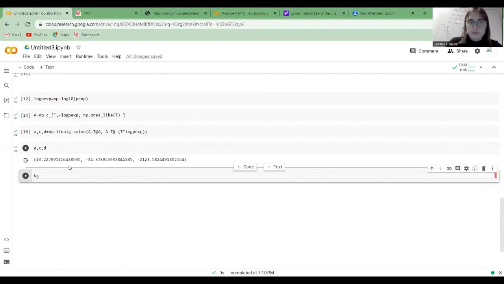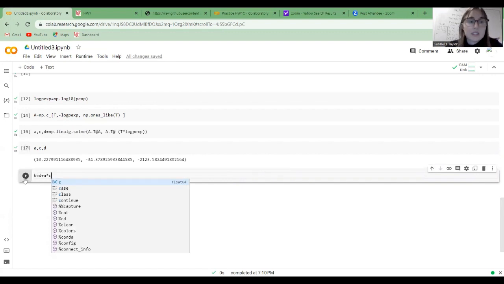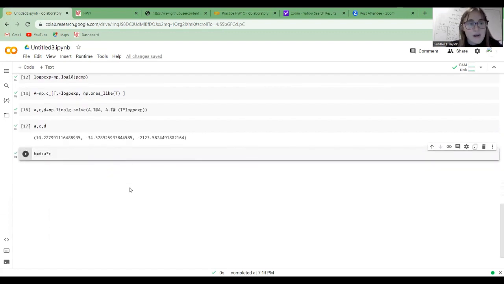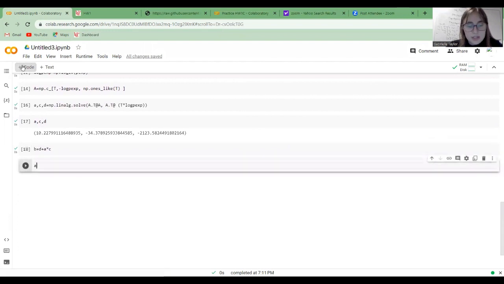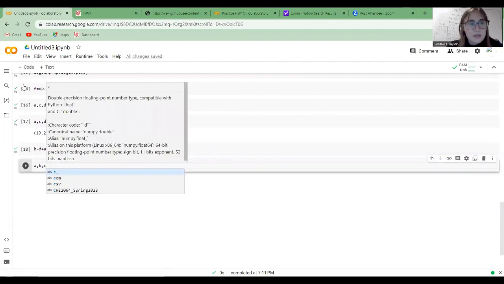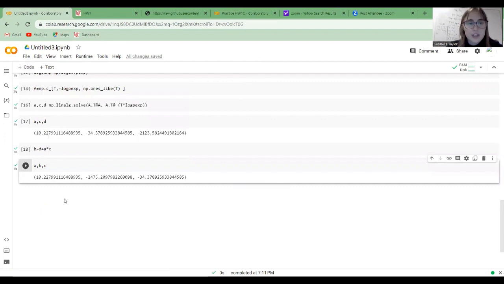So B equals, and if we look on the board, we had AC minus B. So we just need D minus, what should be D plus A times B. Okay. And now we just compact these together, A, C, B for our Antoine equation, and then we found our coefficients doing the design matrix.